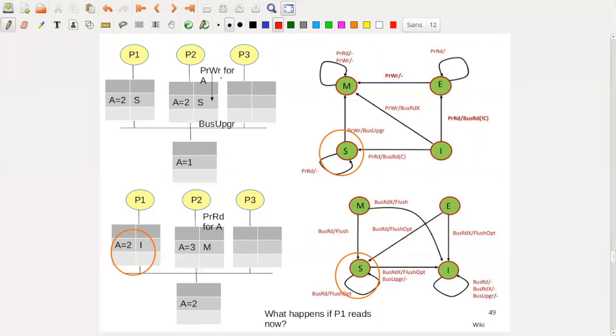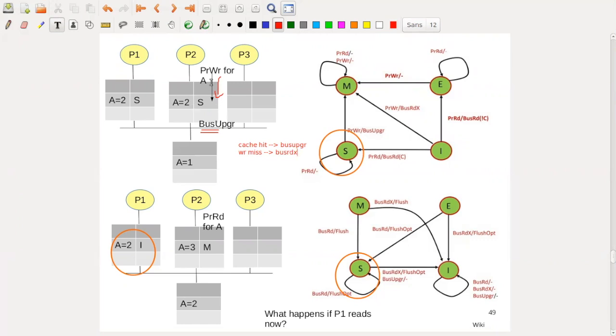The next is processor write. When we do a processor write, as before, it's a cache hit, therefore it's going to send a bus upgrade signal. Remember, whenever there is a cache hit or a write hit, it's going to send a bus upgrade signal. And whenever there is a write miss, it is going to send a bus read X signal.